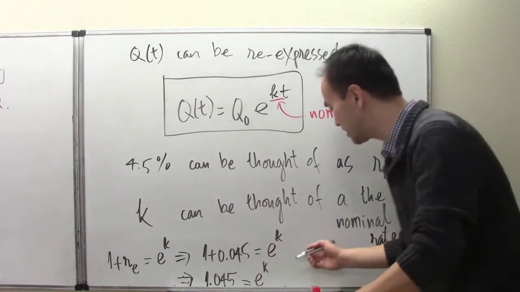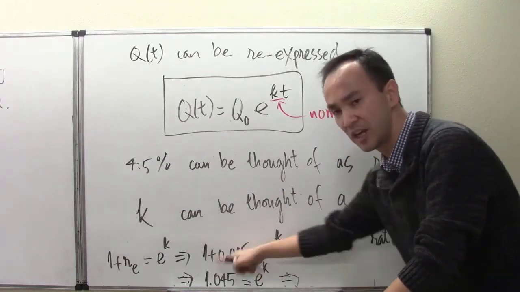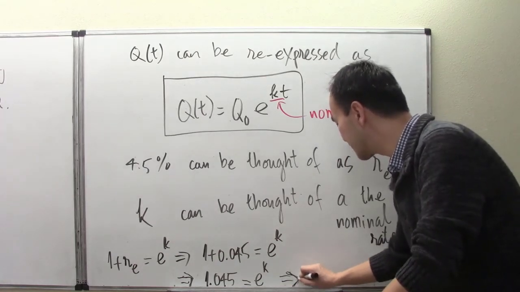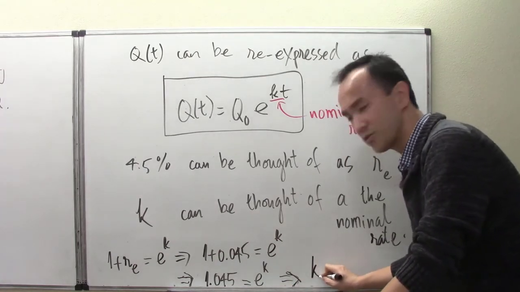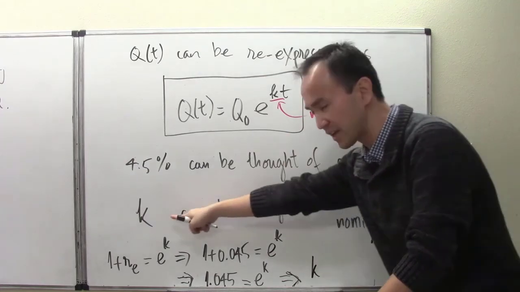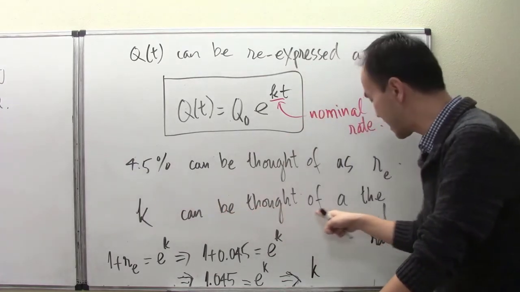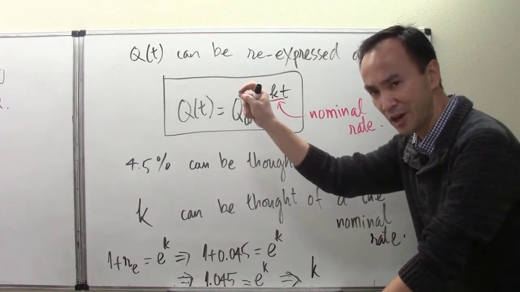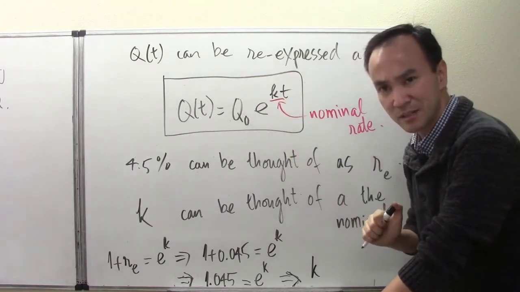Rewriting this equation in logarithmic form, I'm now looking at the k value. And remember, right now we are thinking of k as the nominal rate, analogous to that nominal rate in the money problem right there.